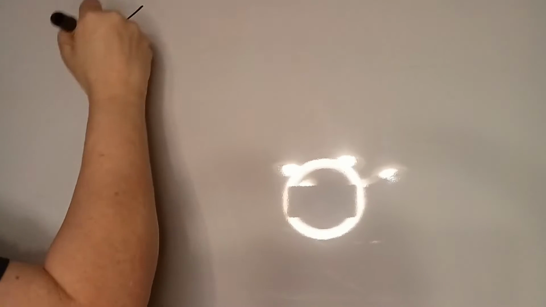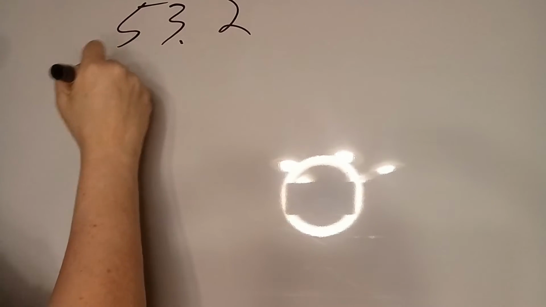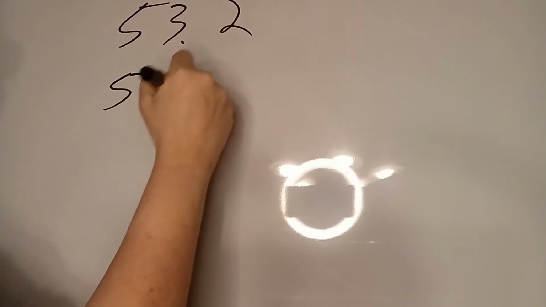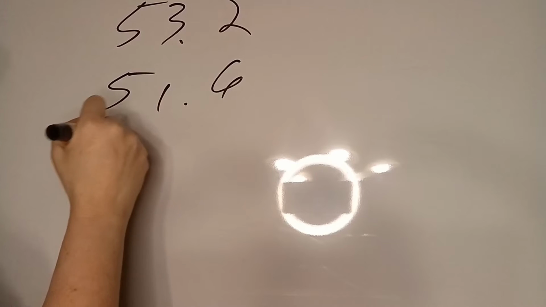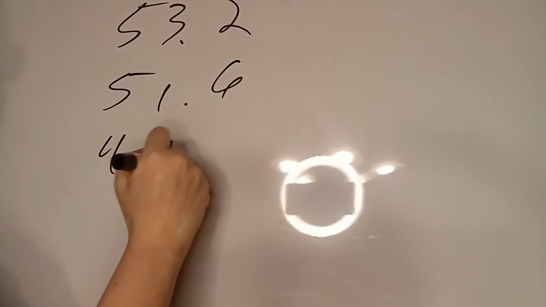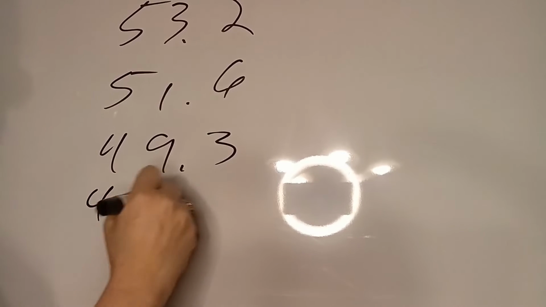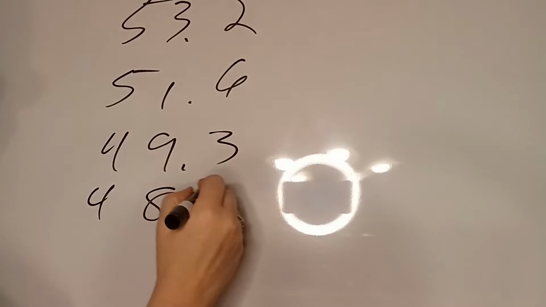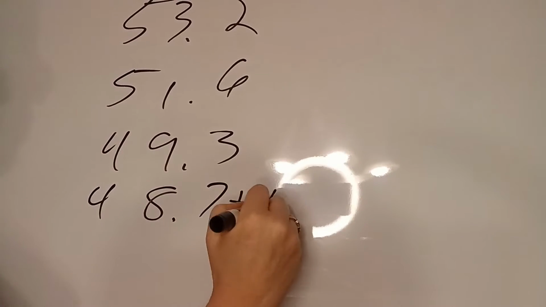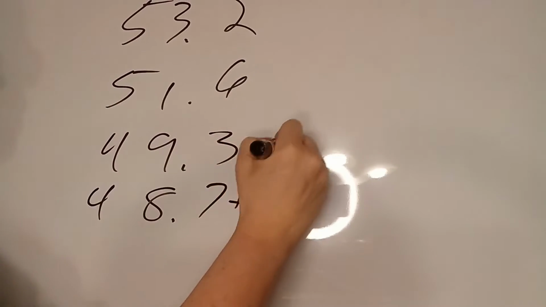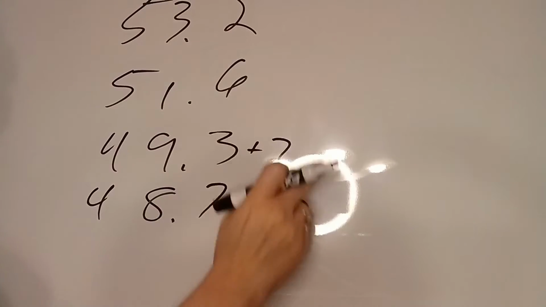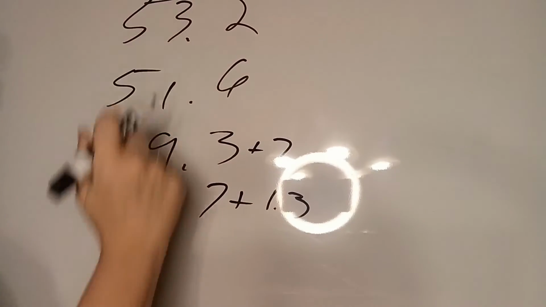Let's look at 53.2, 51.6, 49.3, and 48.7. All right. This needs a 1.3. This needs a 0.7. So we need to take 2 out of something. Let's take the 2 out of here.